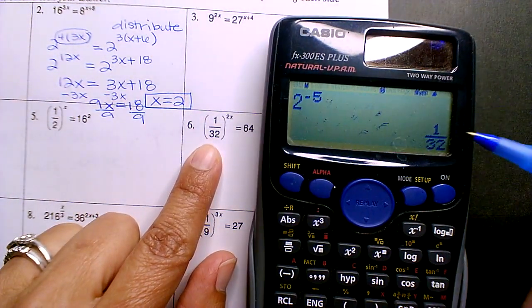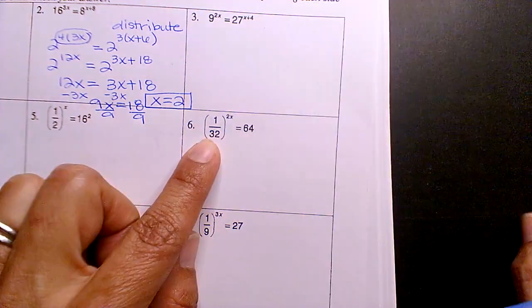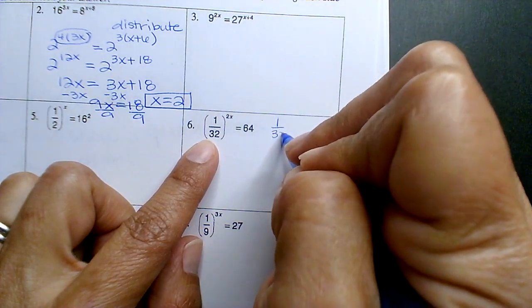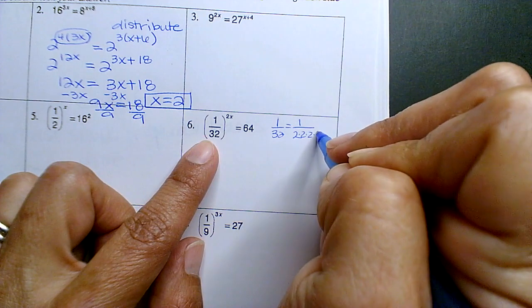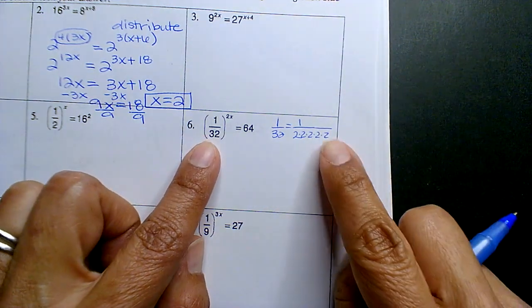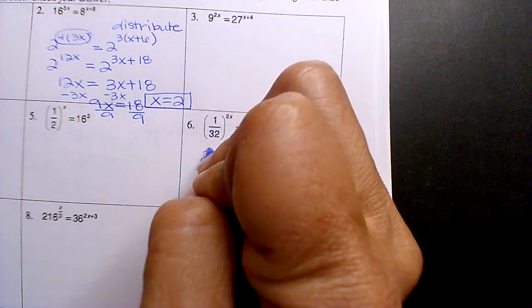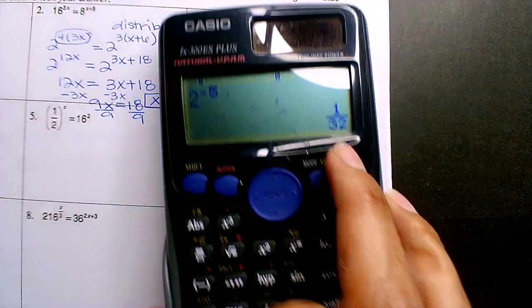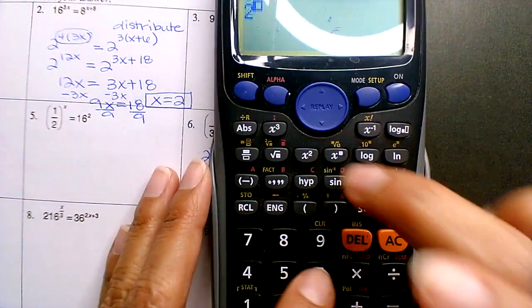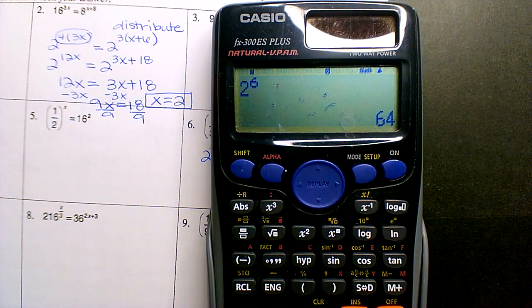So 1 over 32 is equivalent to 2 to the negative 5, because really 1 over 32 is 5 2's in the denominator's position. So if I bring it up, 2 to the negative 5th, 2x, and then 64, oops, sorry, 2 to the 6 is 64, right?